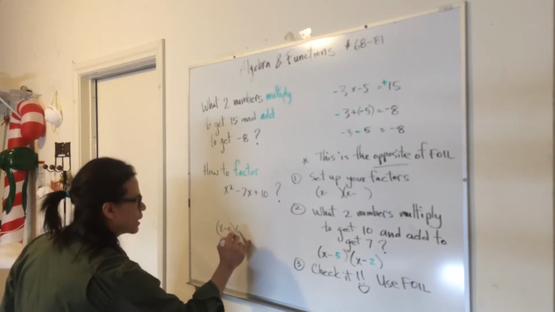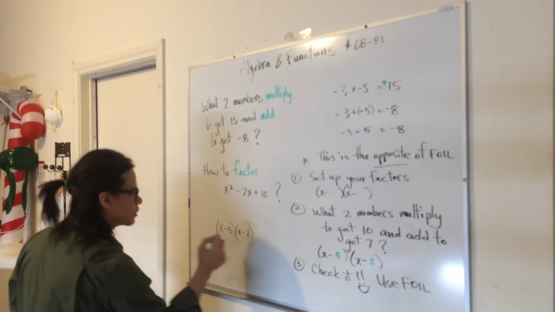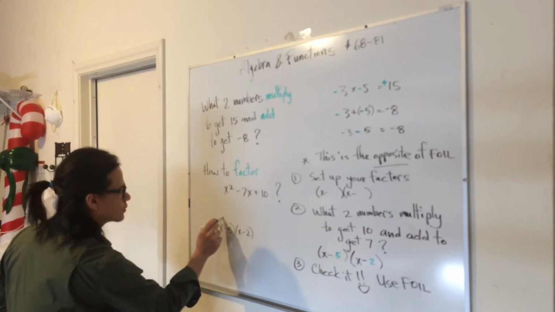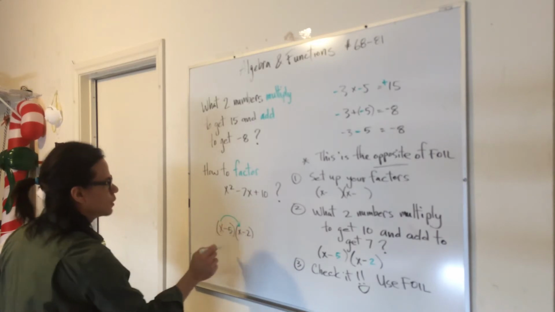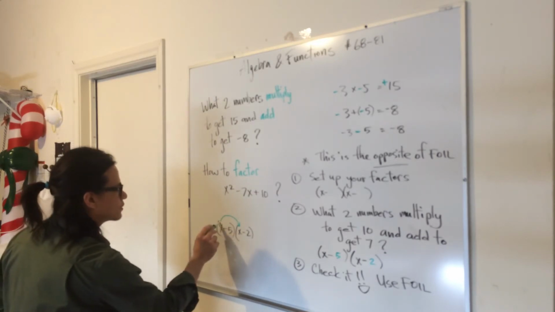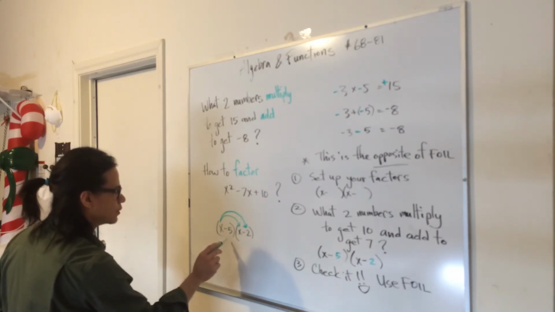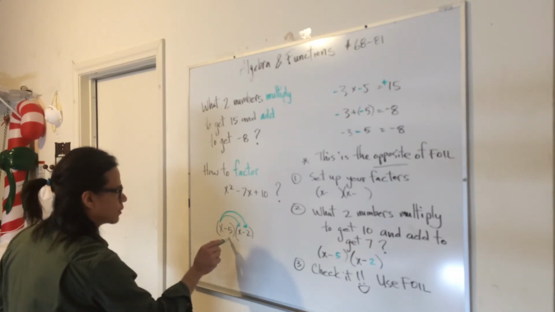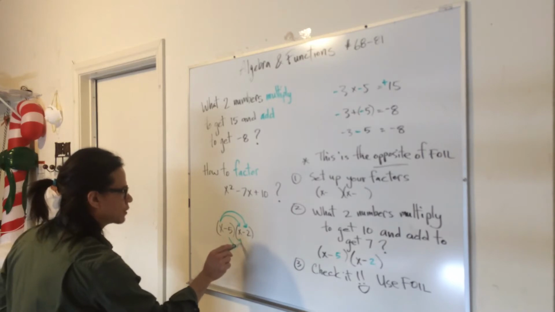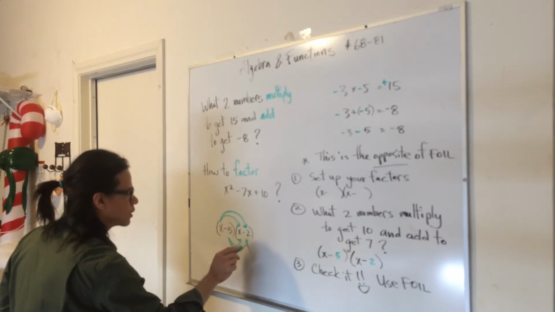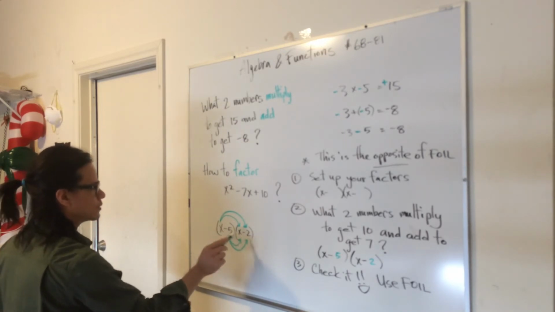If we have x minus 5 and x minus 2, we're going to take the first term, x times x, the outer term, x times negative 2, and then the inner term, negative 5 times x, and the last term, negative 5 times negative 2.